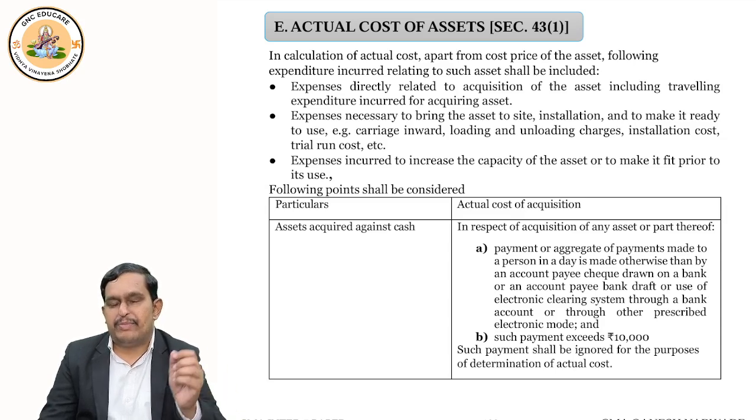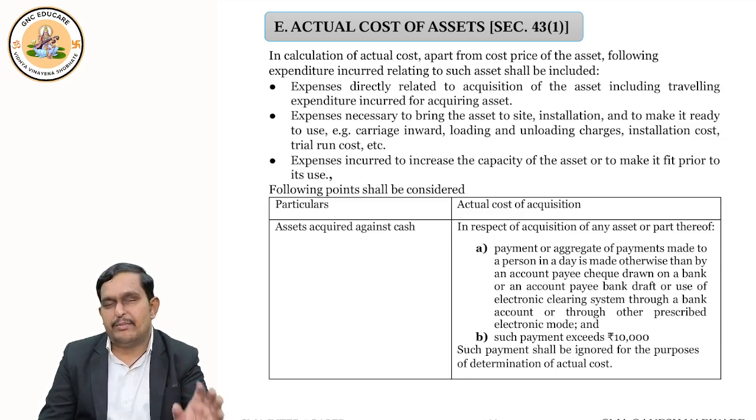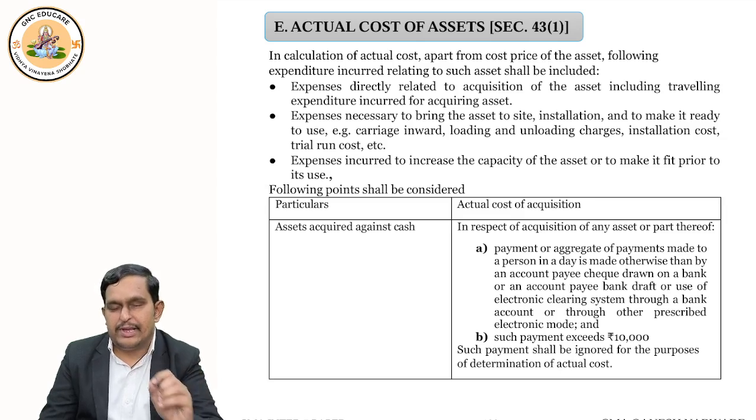That means the payment made for the asset through account payee cheque or DD or through banking channel, right? Banking channel means NEFT, RTGS, UPI, that I am talking about. That cost only is counted, but cash payment, payment through bearer cheque, or crossed cheque which is not account payee, that also will not be counted.